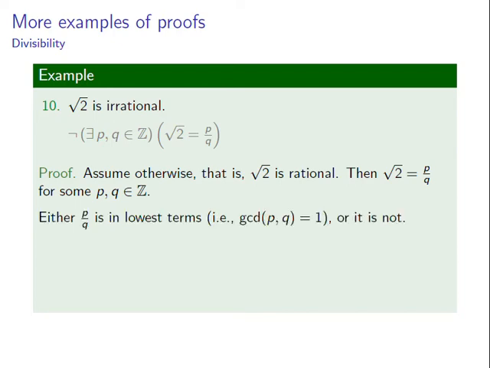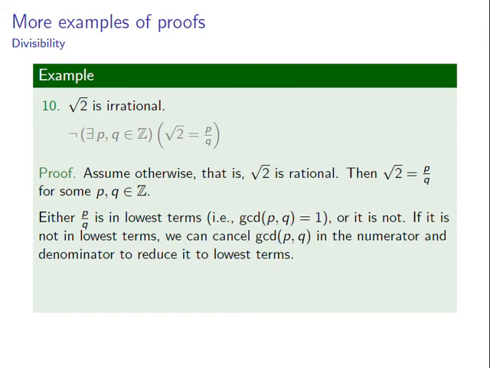Note that either p over q is in lowest terms, meaning the GCD of p and q is 1, or it is not. If it is not in lowest terms, meaning the GCD of p and q is greater than 1, we can cancel the GCD of p and q in the numerator and denominator to reduce the fraction to lowest terms.